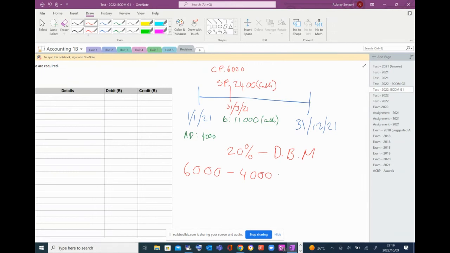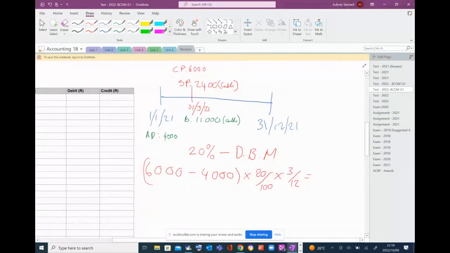So here we've got our carrying value, and then 20 over 100, times 3 over 12, because we only had this asset for 3 months into the new financial year. Is that right? Okay, so what do we get?